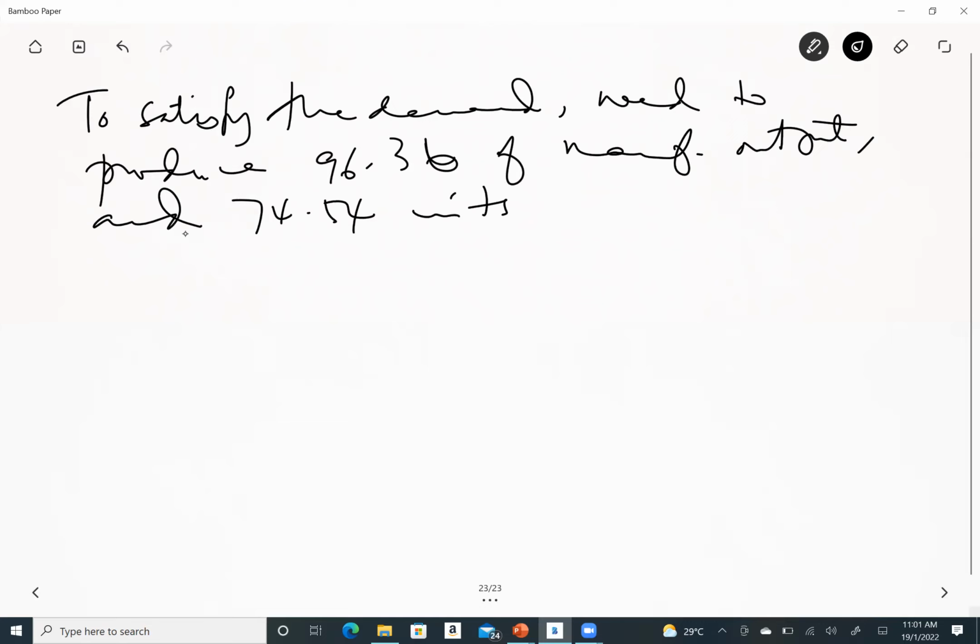I forgot to put the word unit here, so put units of agriculture output. So that is the meaning of our answer. That is the quantity of X and Y to produce to satisfy the demand of the economy.